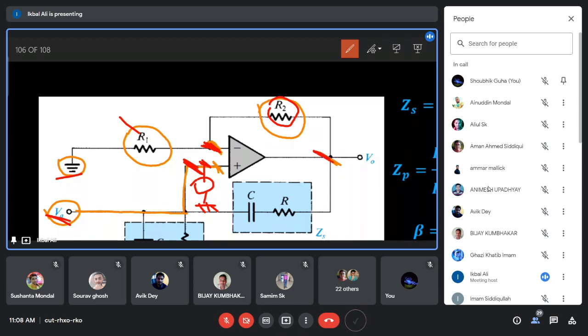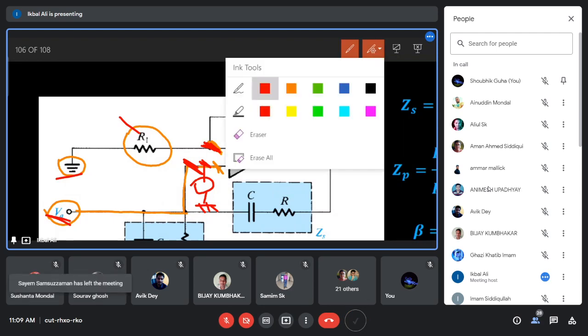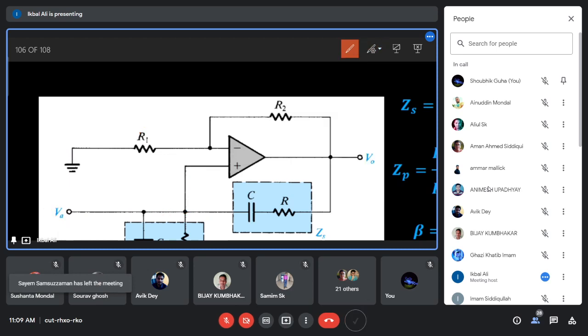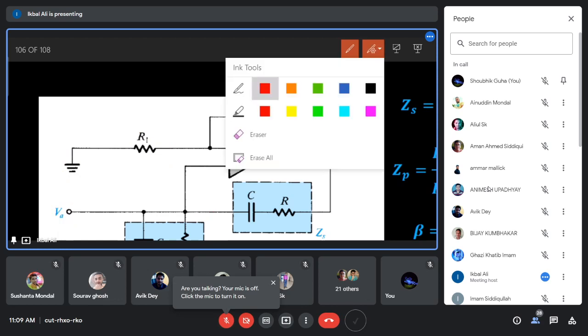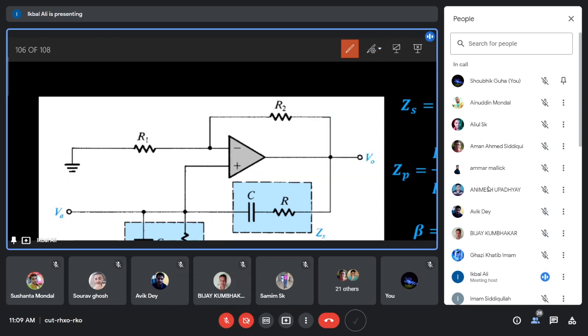Can anybody recognize the type of op-amp amplifier connected here? Can anyone guess this amplifier?